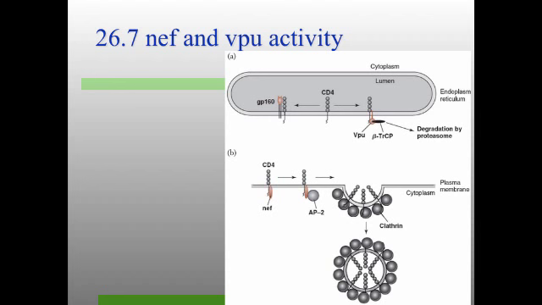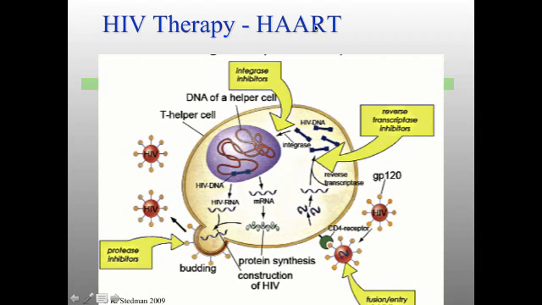So these are the processes, how you make the virus, how do you combat that, what are the current therapies which are being used in terms of treating HIV. This is the highly active antiretroviral therapy. I hate this abbreviation, but everyone calls it HAART all the time. So most of the time, I'm sorry, this has gotten chopped off down here at the bottom. There are 4 different drugs which are used.